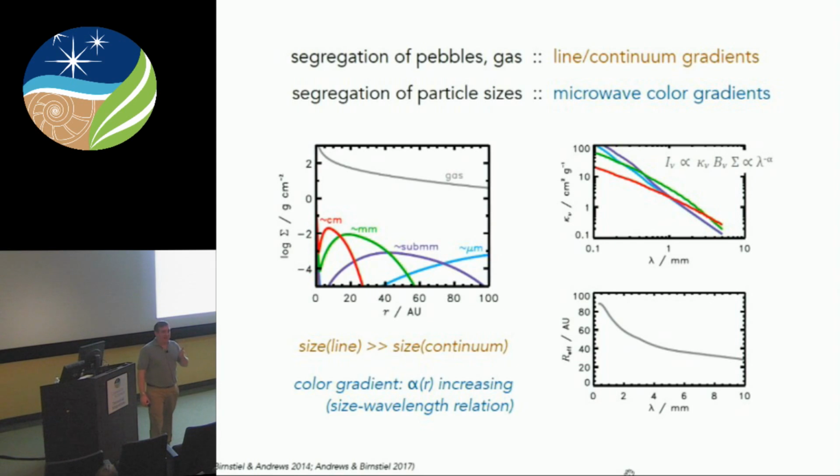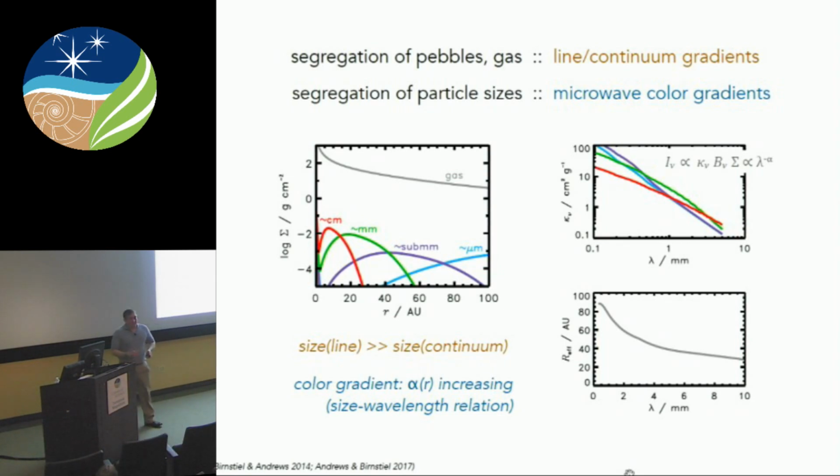These models actually have the size evolution of the grains built in. They can't form planetesimals, so yes, that would contribute in a sense. If you have large particles, much larger than the wavelength you're observing at, so if you have kilometer-sized bodies, those effectively emit nothing, and that makes the spectrum look like alpha of about 2, which is the Rayleigh-Jeans limit of the Planck function. So you get no contribution from emissivity. I'll explain that in a second.